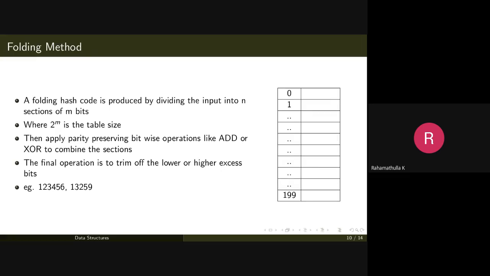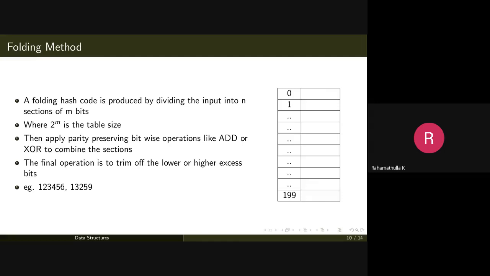A third method is the folding method. A folding hash code is produced by dividing the input into sections of m bits, where 2 to the power m is the table size.